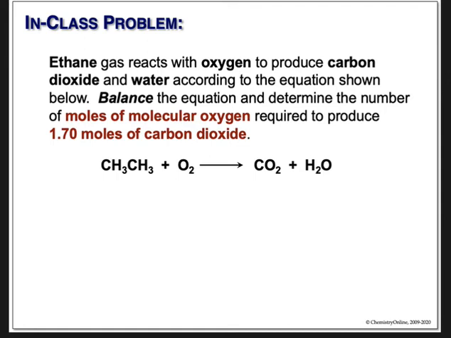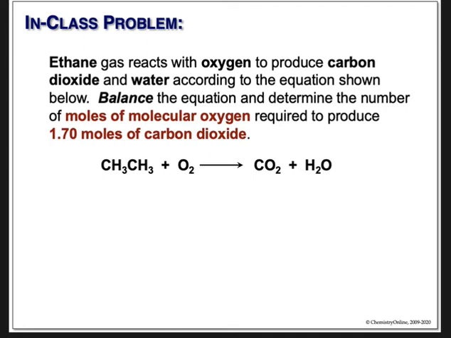So if you're ever balancing something and you come out with something like 3.5, just double everything. Multiply everything by 2. So instead of 3.5, we'll have 7. Instead of 2, we'll have 4. Instead of 3, we'll have a 6.